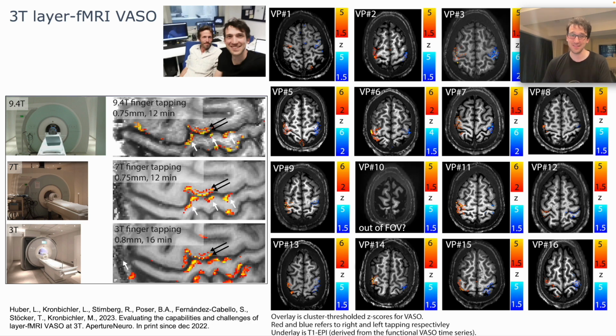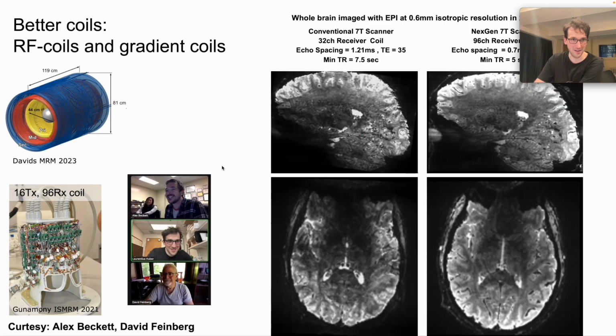If you want to have layer resolution, then you need to make sacrifices already completely with TR and coverage. And if you want to have more coverage, then you can go to 7 Tesla while also scanning faster if you want. And so field strength is one thing, and you can do layer-dependent fMRI across any field strength that you like if you just scan long enough. Another thing aside of field strength would be advanced gradients or RF coils.